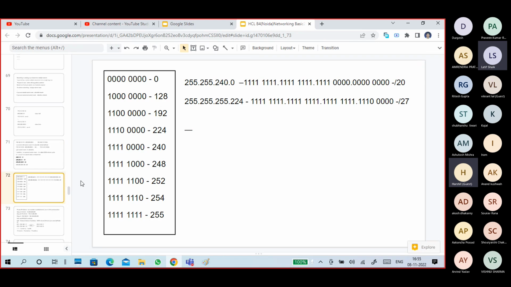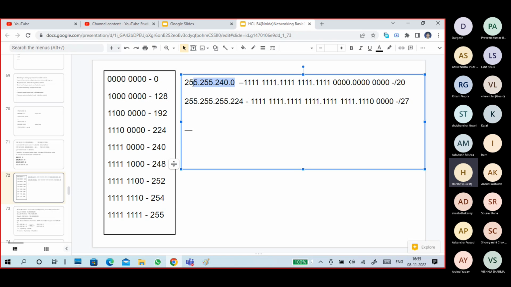It is a working subnet mask, but I changed the subnet mask from the default to some customized one. I will tell why I changed it, but this is how it is written. Convert all the 255, 255, 240 into bits. So these are all 24 plus 3, 27.